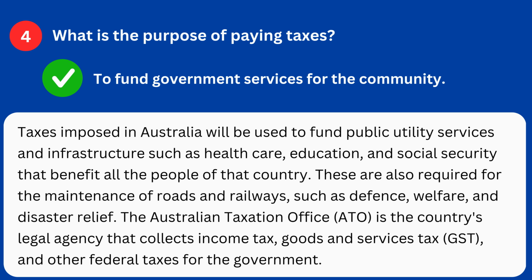These are also required for the maintenance of roads and railways, and for services such as defence, welfare, and disaster relief. The Australian Taxation Office, ATO, is the country's legal agency that collects income tax, goods and services tax, GST, and other federal taxes for the government.